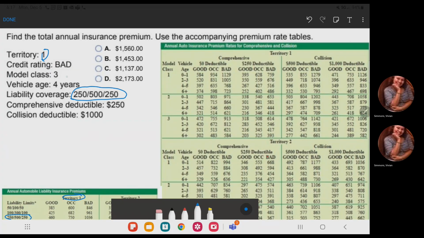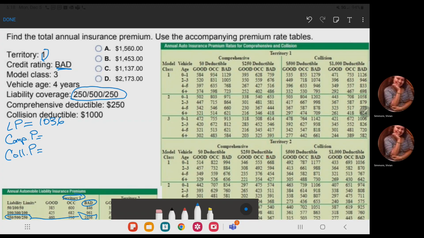The credit is bad, which means it would be 1036 for liability. And I'm just going to shorten these. Liability premium, 1036, comp premium, and then collision premium.